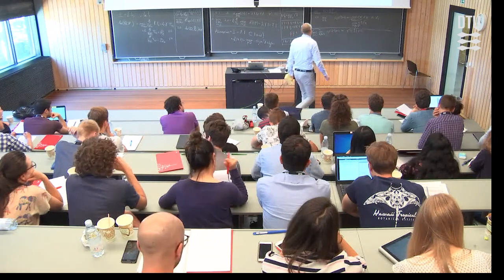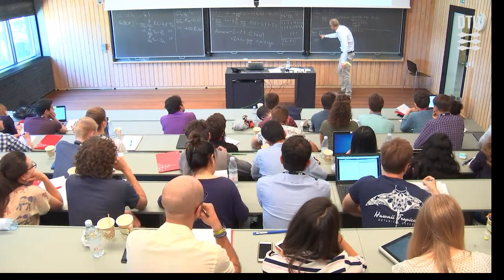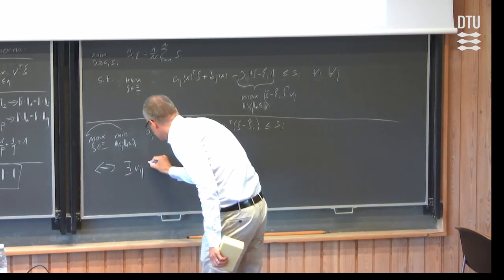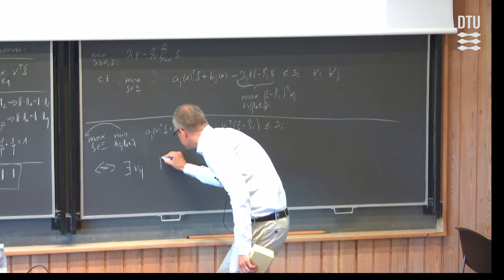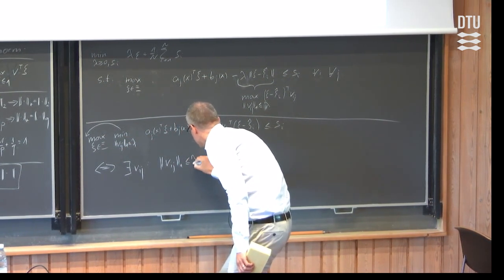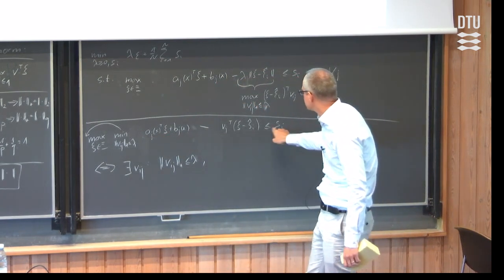So this constraint is therefore equivalent to saying there exists a variable v_ij, a vector, with the following properties. It needs to be feasible, so the dual norm of v_ij needs to be smaller or equal to lambda. And the objective function needs to be smaller or equal to s_i.